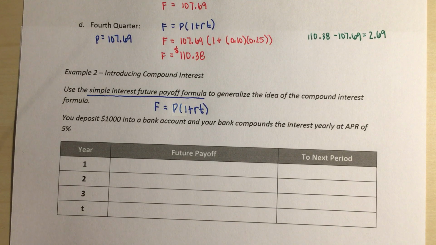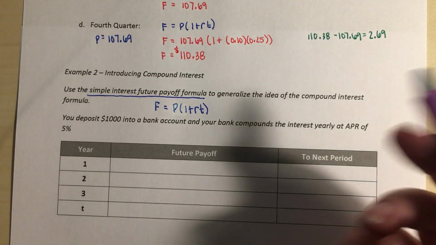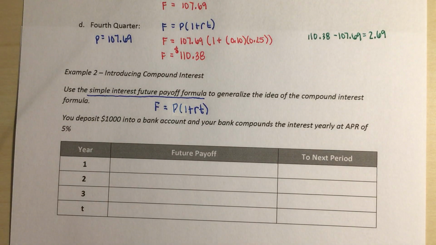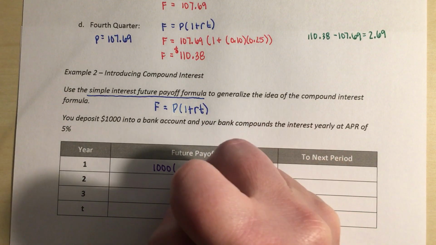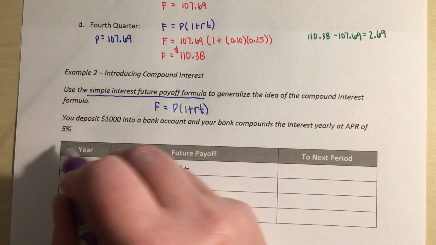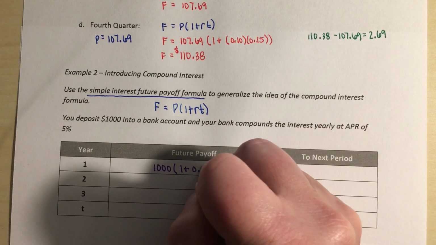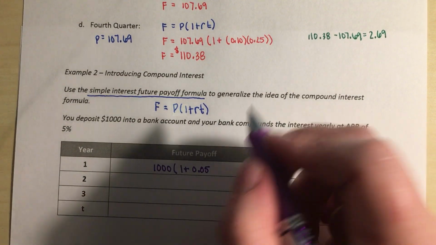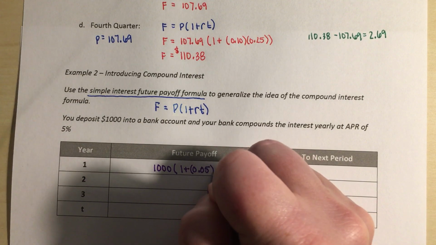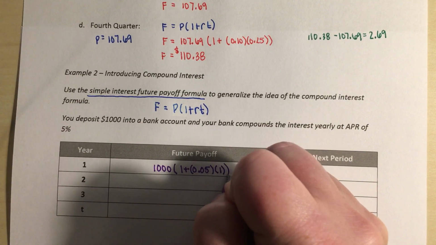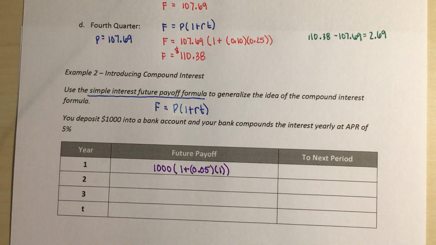For our first step, I'm going to color code these. I'm going to start by plugging in 1,000 for P, then 1 plus our interest rate of 5%, 0.05, times our time, which is 1. Multiplying 0.05 times 1 isn't going to change it.